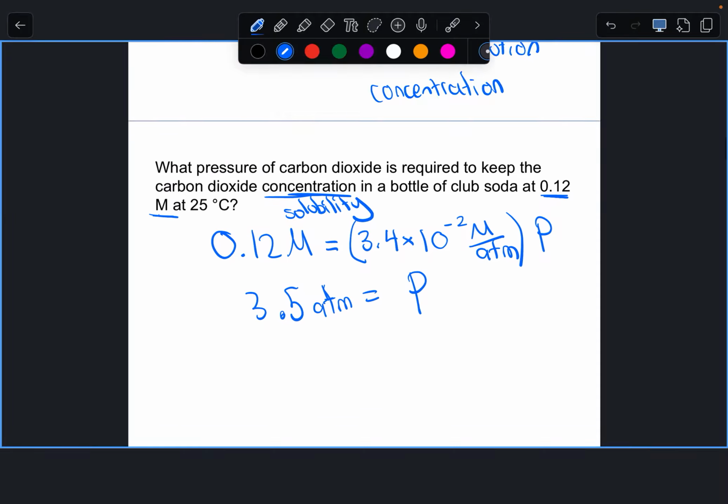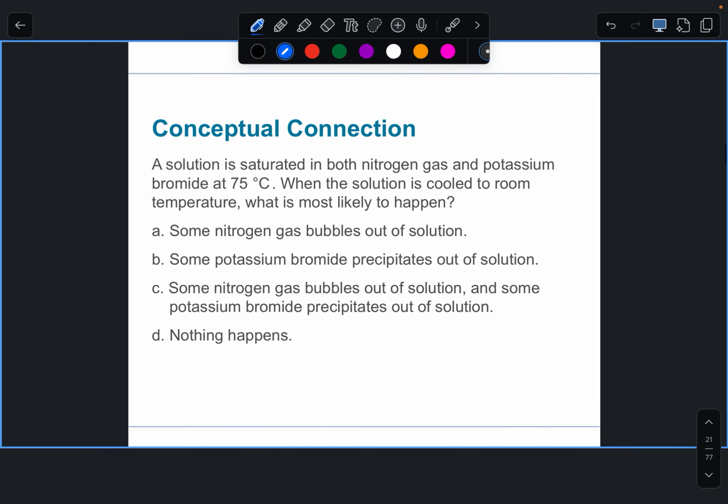So we'll just do one more concept-based question. It says that this solution is saturated in nitrogen gas and potassium bromide, which is going to be a solid, an ionic compound, at a high temperature, 75 degrees C. And then you cool it down to room temperature, what's most likely to happen?